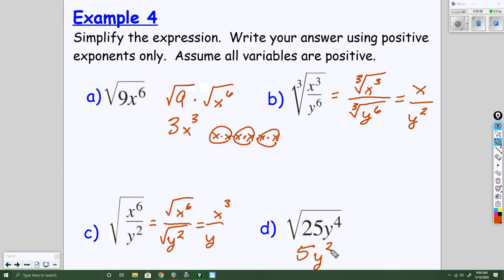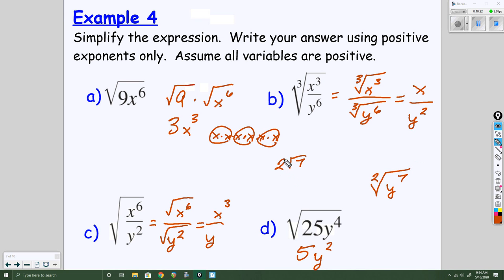Now something else that's often helpful, because for each one of these we had an exact number of pairs that came out. That's not always going to happen. Let's say we had the square root of y to the 7th here. We could figure out how many sets of 2 there are, and one way is to divide 7 by 2.